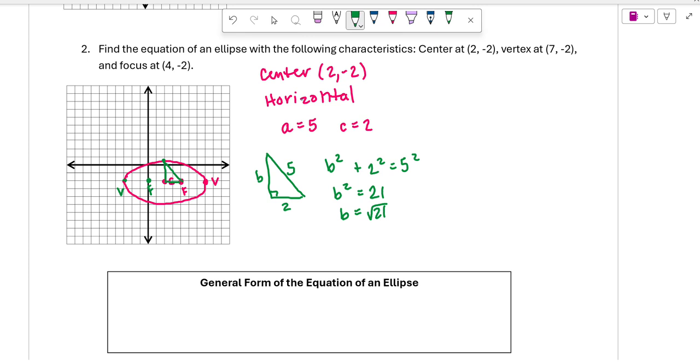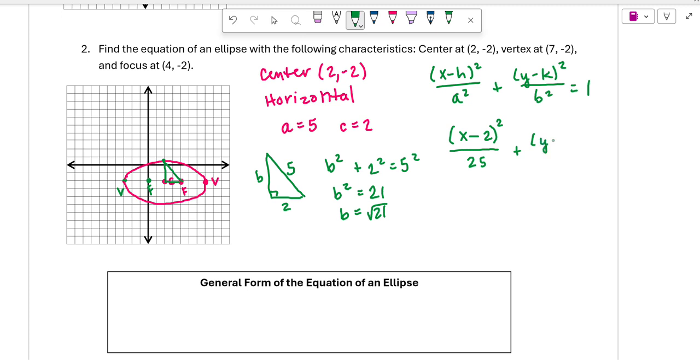All right, so if it's a horizontal ellipse, we know we're going to do our (x minus h) squared, and then a squared, the larger number, is going to go under x, and then (y minus k) squared over b squared, and they're always equal to 1 if they are an ellipse. Okay, so we have all the pieces now, so we'll do x minus 2 for the center over our a is 5, so our a squared is 25.